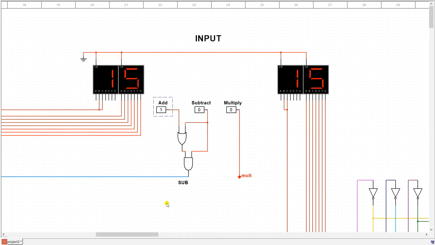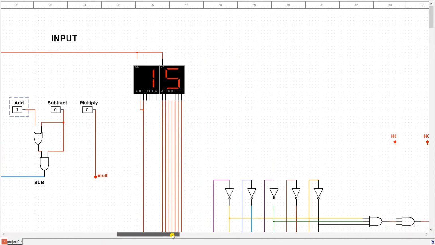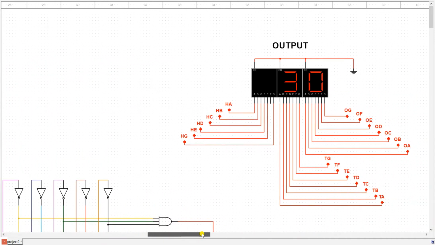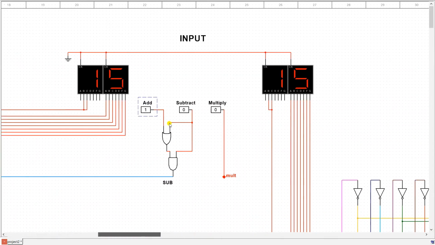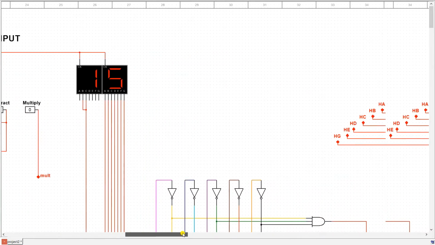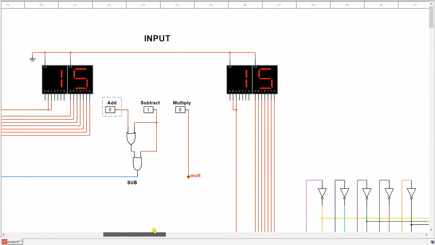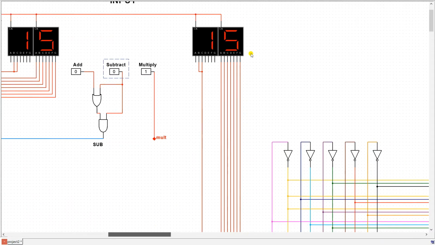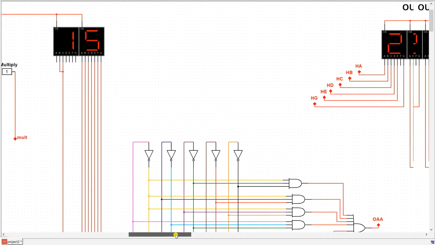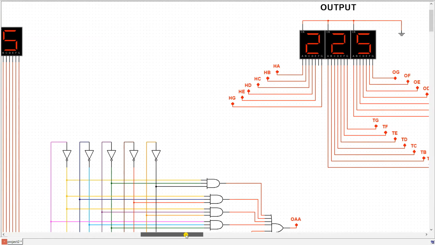If we add the numbers, the answer will be 30. If you subtract it, the answer will be 0. If we multiply it, the answer will be 225.